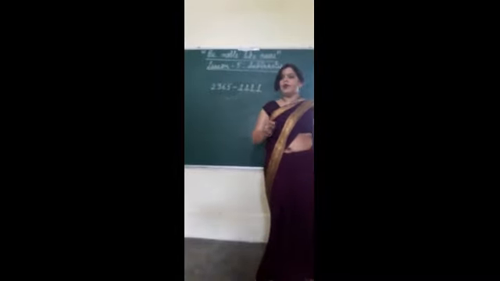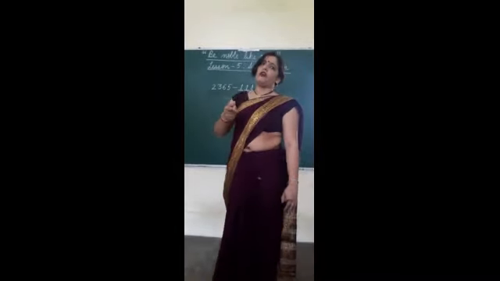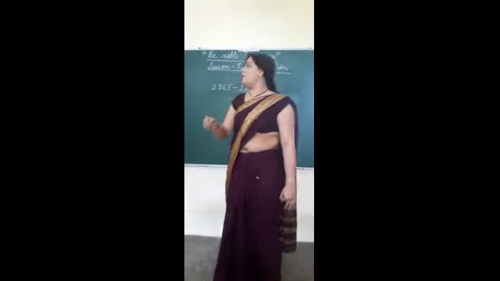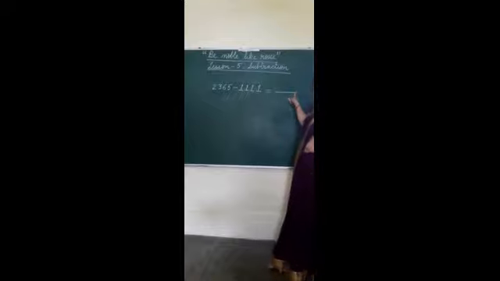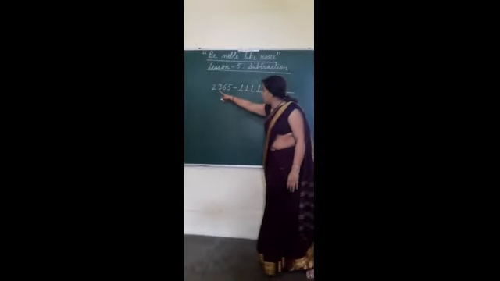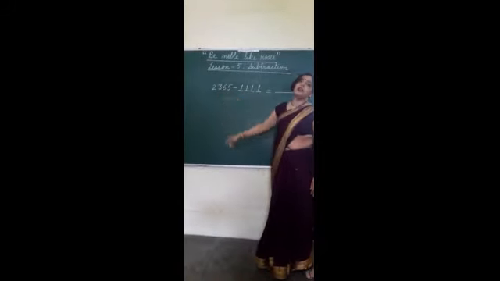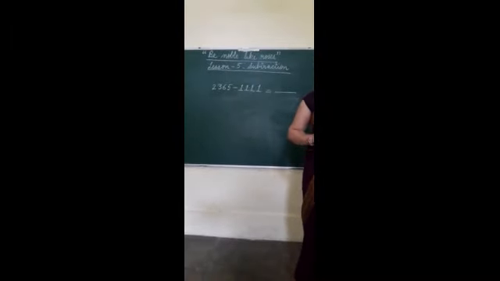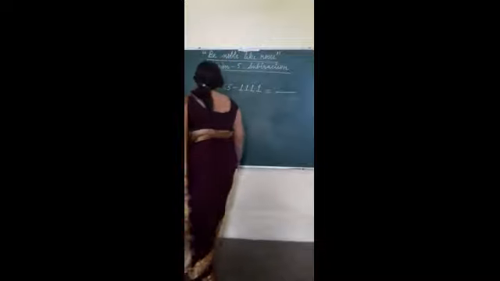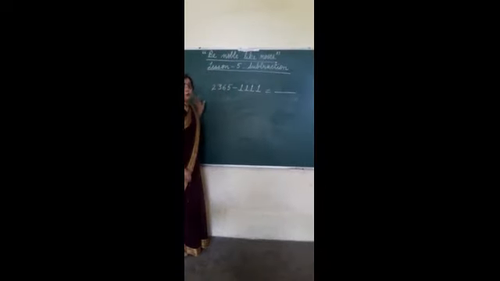If the numbers are of 1 digit, 2 digit or 3 digit, we can arrange them horizontally and solve them this way. But if the numbers are larger, more than 3 digits, you are supposed to arrange them vertically. What do you mean by arranging vertically? Arranging vertically means arranging in a column.